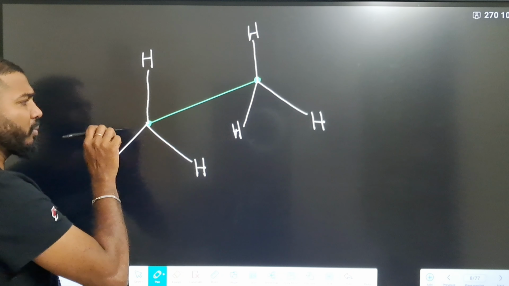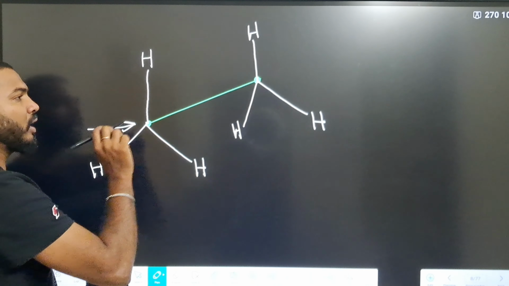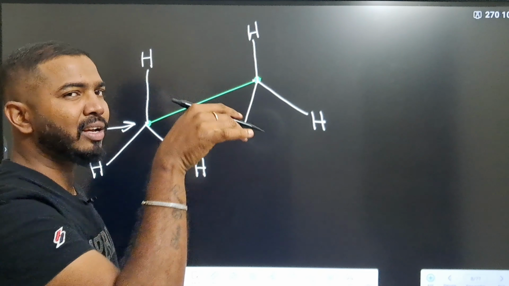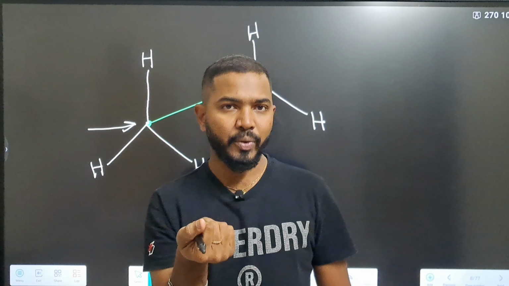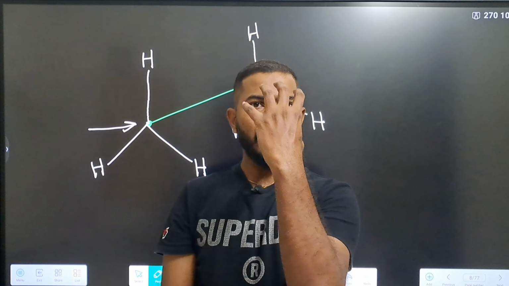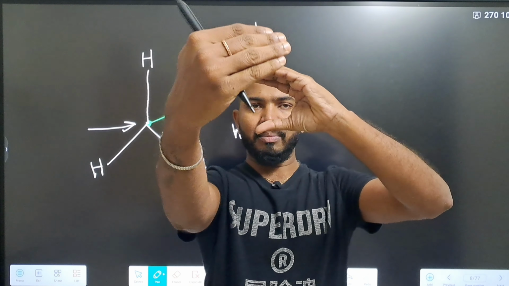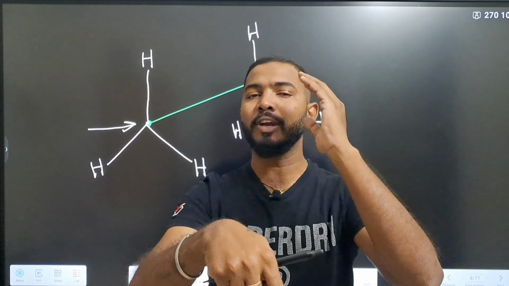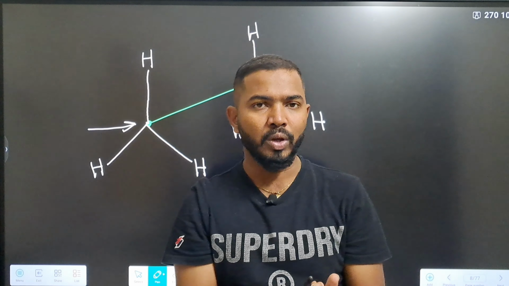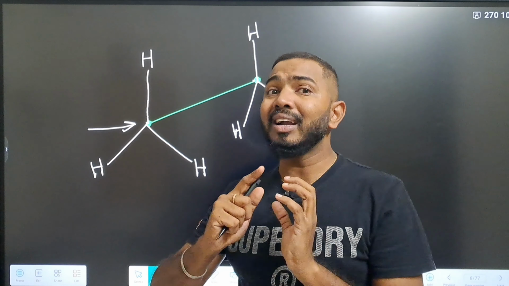If you look from this side view, then you can't see the exact backside carbon, right? If you see exactly from the front view, there is another carbon exactly at the back. Just try to imagine it in a 3-dimensional view. So we can't see the backside.